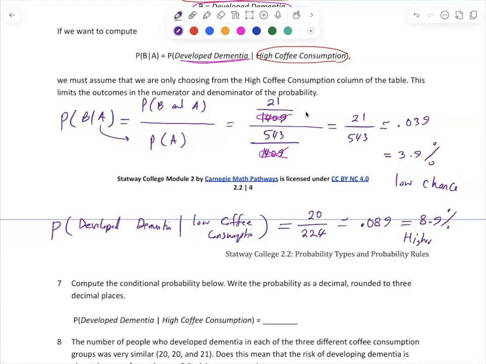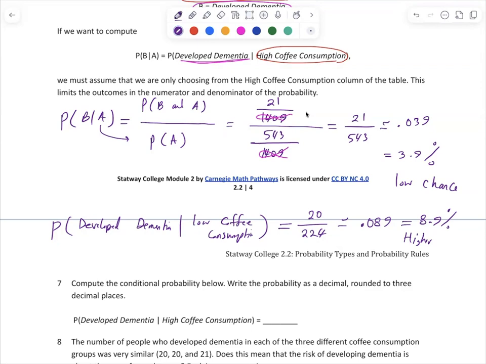What is the result of your research? Are you going to recommend people to drink more coffee, or not to drink more coffee? If people drink more coffee, the probability of developing dementia is 3.9%. If they don't drink coffee, the probability of developing dementia is higher, about 8.9%.